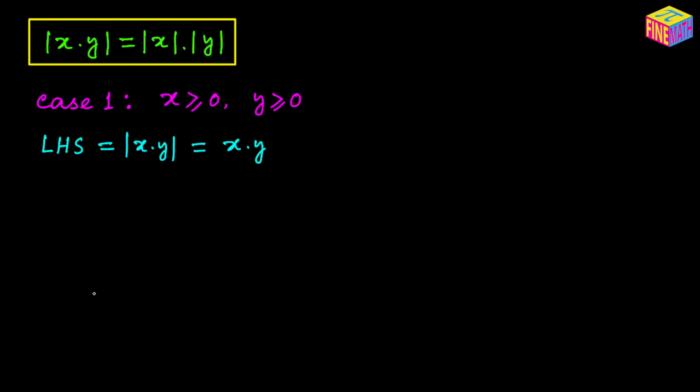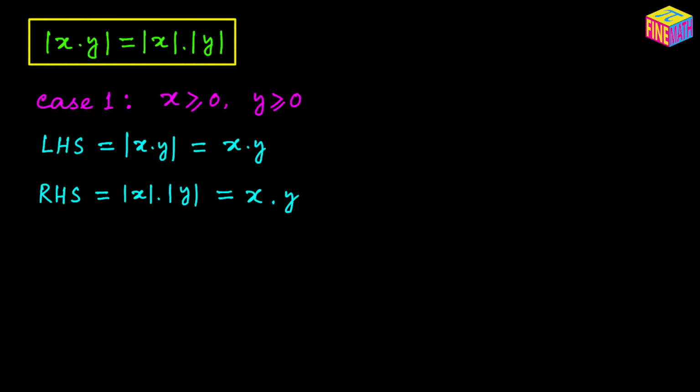Alright, and now how about our right hand side? Our right hand side is modulus of x times modulus of y. Because x is a non-negative number, if we remove the modulus sign, it will come out as x, and also because y is a non-negative number, that will also come out as y.